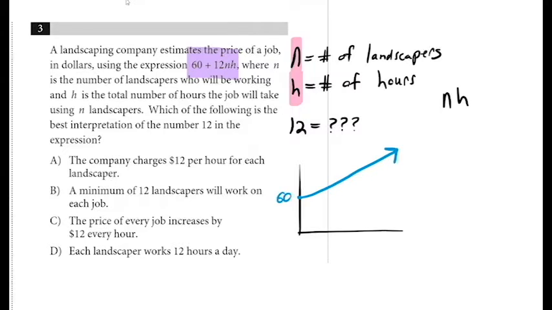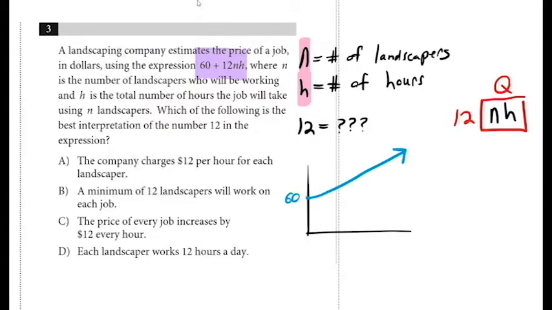So if each landscaper spends a certain number of hours and there are N landscapers, it's kind of like a price times quantity statement to take the N and multiply it by the H. I still wouldn't exactly call that expression a price times quantity statement. I would say that the N times the H is itself the quantity. And the reason I would say that is that we're still going to take that and multiply it by 12. So it kind of makes sense in this strange situation that the price is 12.